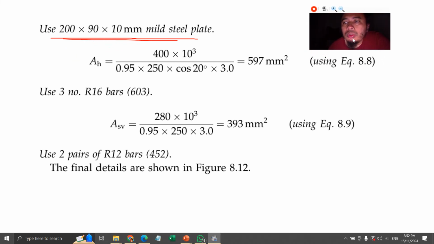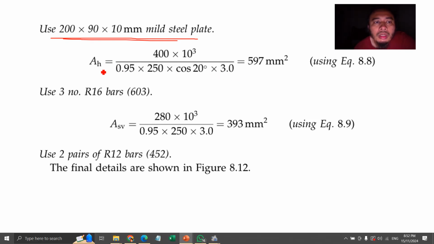Next, we want to design the main bar, the horizontal bar, using 250 Newton per millimeter square. So this is your end reaction F. This is 95% of your FYH, the yield strength of the horizontal bar, and then this is the theta, as specified by the question, at an angle of 20 degrees.